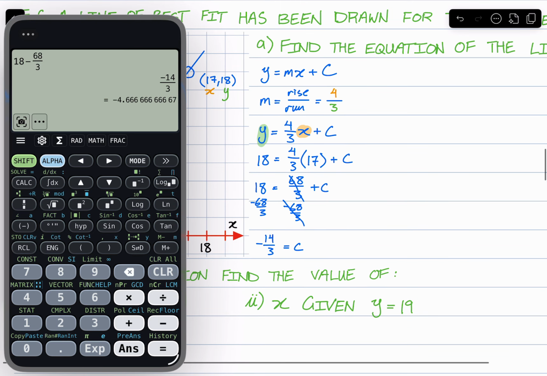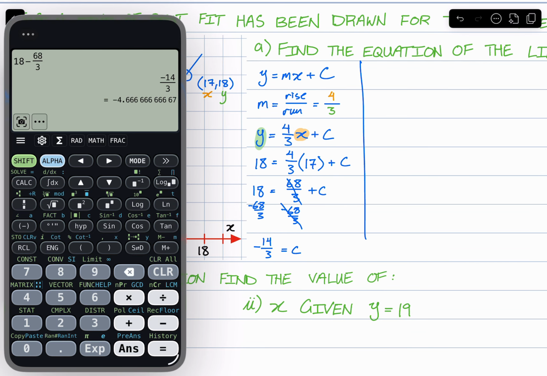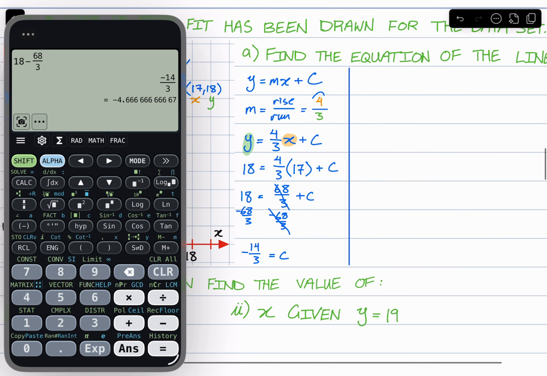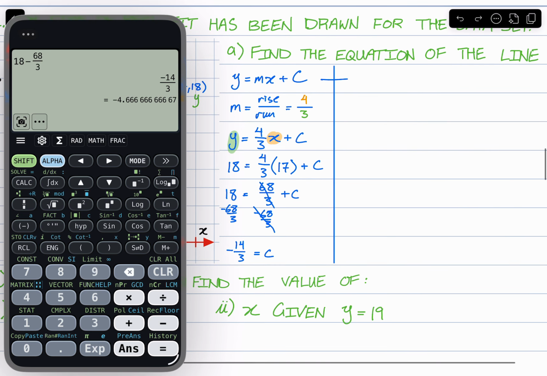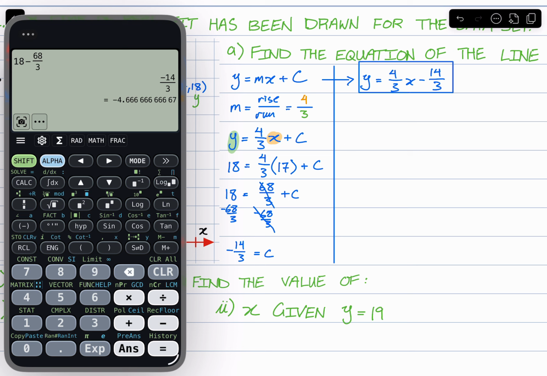And now we have our c value. So we have our m value, and now we have our c value. Collectively, this becomes y equals 4 on 3x minus 14 on 3. That is the equation of this line.